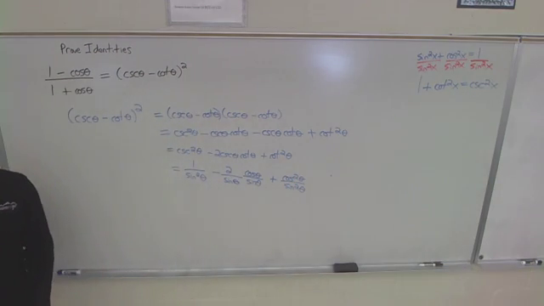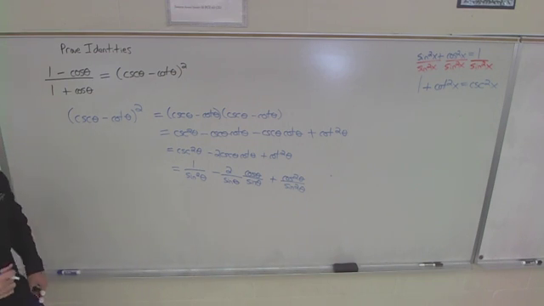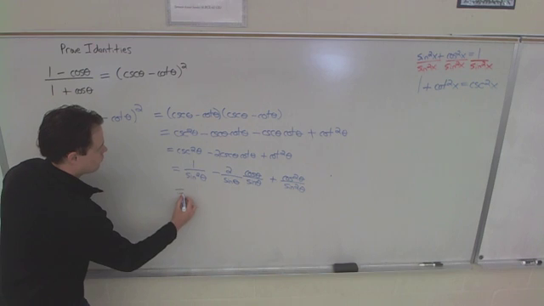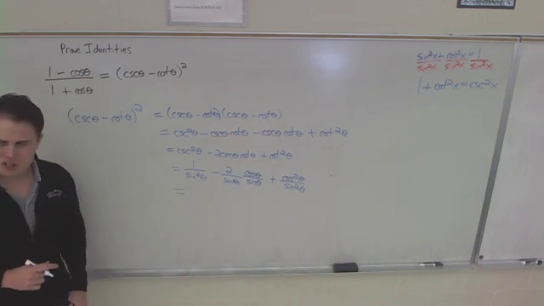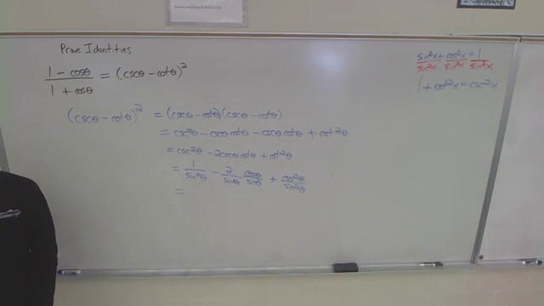There we go. At least I have some fractions now. That's maybe going to be helpful. Those are nice because they already have a common denominator. You see it? The denominator, all three terms, is what? Sine squared. That's cool.